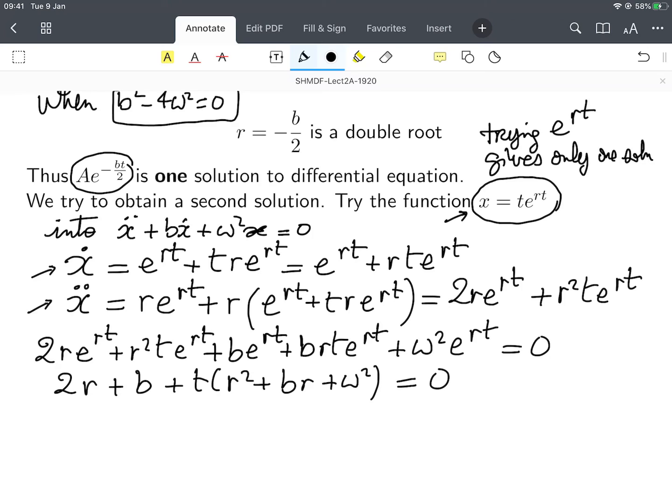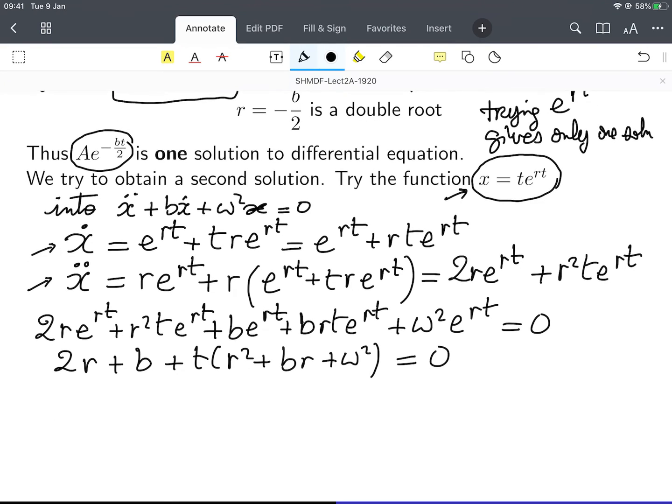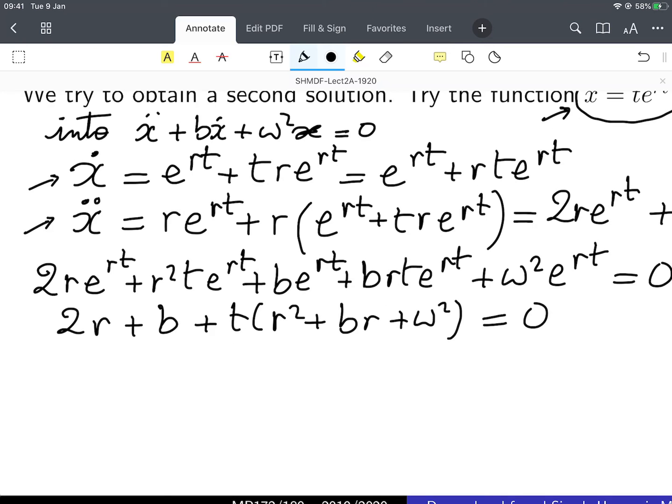Oh, wait. Oh yes, for omega squared, I'm going back up here, omega squared is b squared over 4. Yes, okay, so is this really equal to 0?